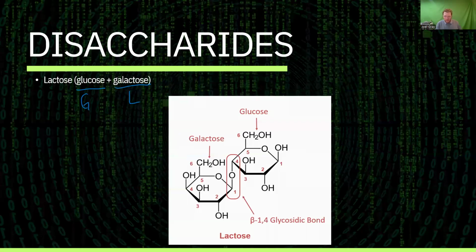Now, before I get into that, could you tell me, is this a reducing R or an NR non-reducing sugar? And think about our criteria for a reducing sugar: we've got at least one open anomeric carbon.